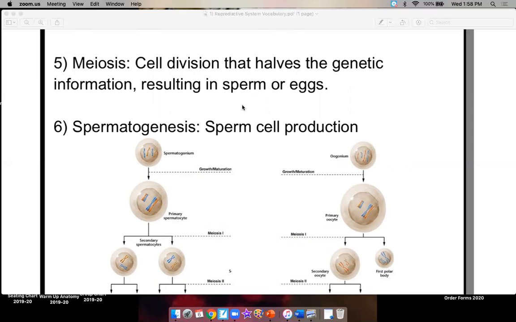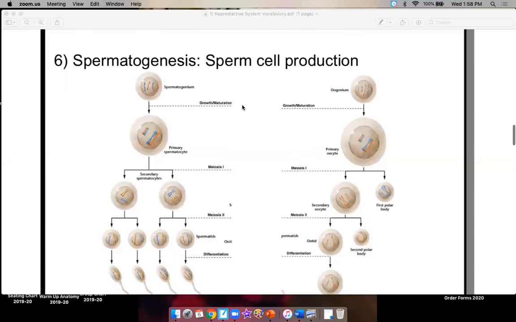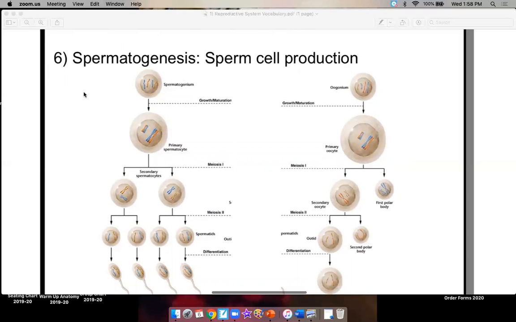If you are undergoing meiosis to make sperm, we call that spermatogenesis. Genesis, if you know that word from the Bible, it means the beginning, to start. So spermatogenesis, actually this means more specifically the creation.